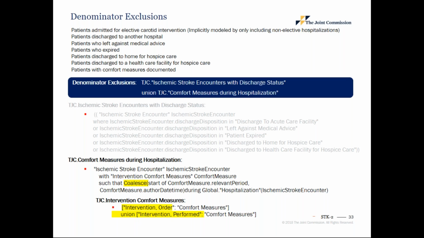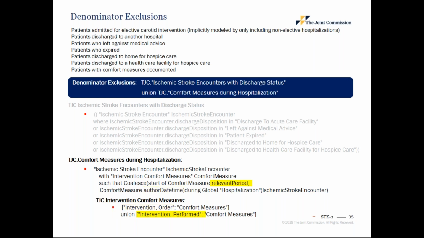Union, as I mentioned before, means or, but it also has another function where it's used to combine two lists of different types. So in this instance, we're combining the attributes of the two types, intervention order and intervention performed. Author date time is a common attribute for both intervention order and intervention performed.